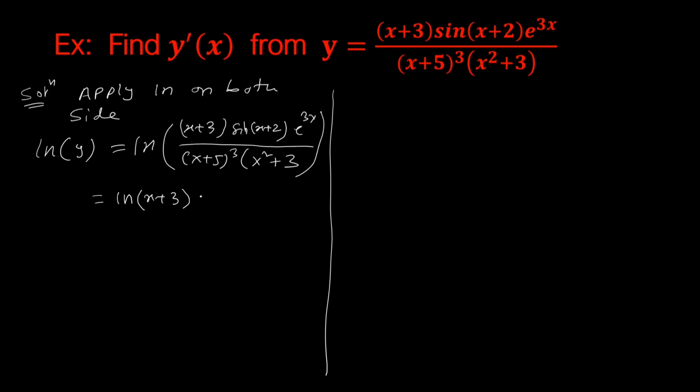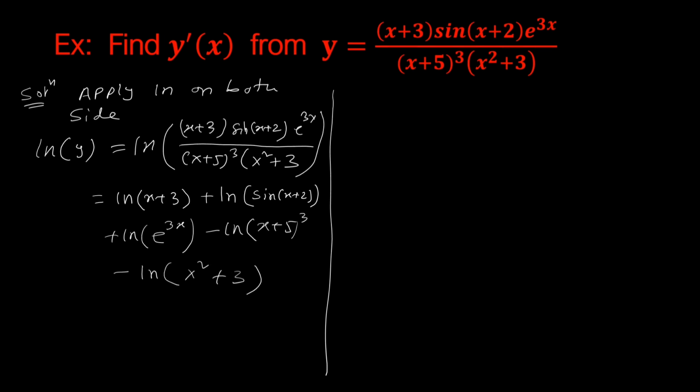Here this can be written as ln x plus 3 plus ln sine x plus 2 plus ln e to the power 3x minus ln x plus 5 to the power 3 minus ln x square plus 3.